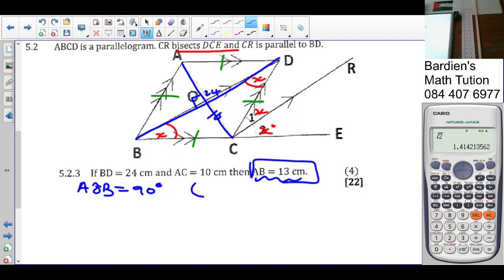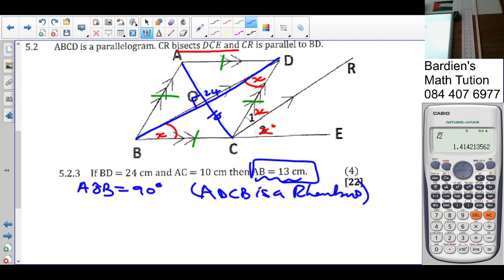Why? Because ABCD is a rhombus. If you didn't prove in a previous calculation that it was a rhombus, I can use the fact that it was mentioned before in this question.